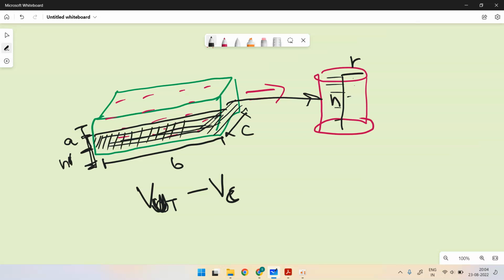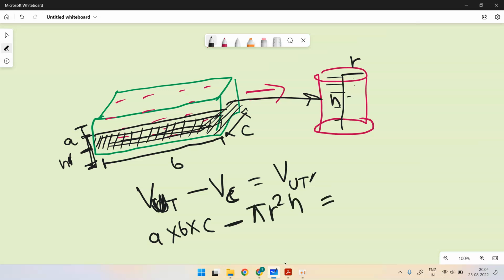I'm assuming that volume of underground tank minus volume of cylinder will be equal to volume of water with height h dash. What is the volume of underground tank? A into b into c. You know the volume of cuboid is length into breadth into height, minus the volume of cylinder, pi r square h, will be equal to the volume with h dash.